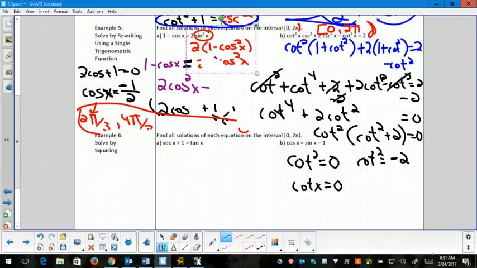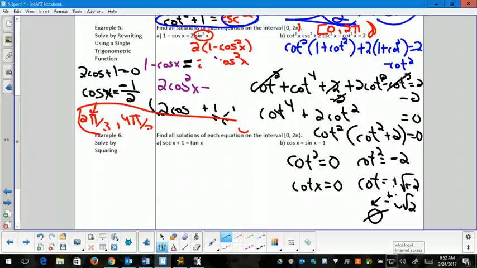So cotangent equals plus or minus the square root of negative 2, which is plus or minus i times the square root of 2. Do we have a way to evaluate that? Nope. So that part leads us to no solution. Cotangent squared equals 0 does have a solution though, yes.